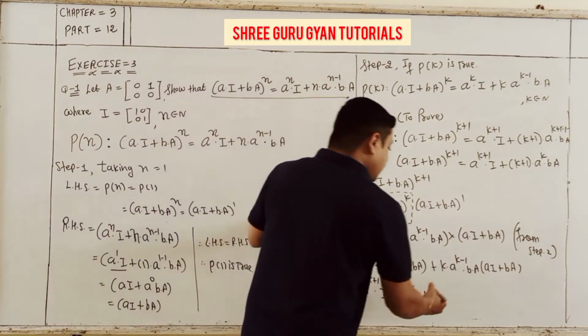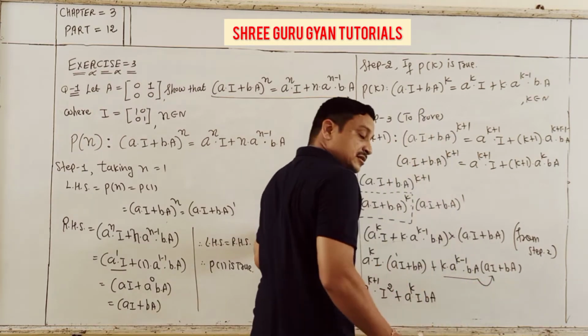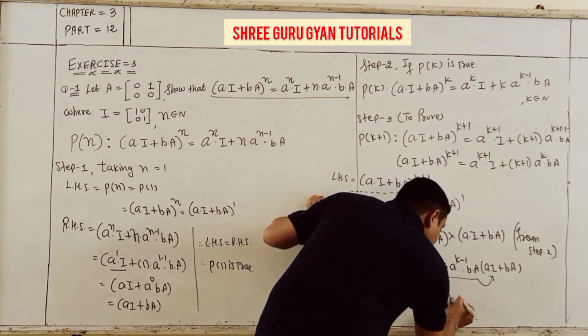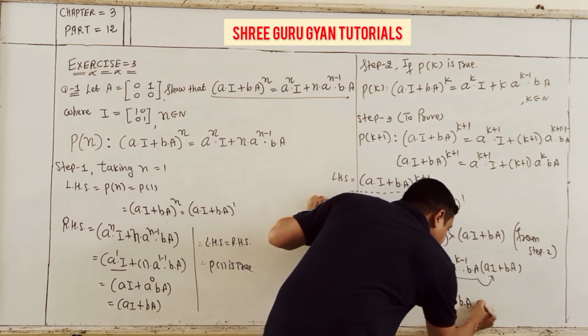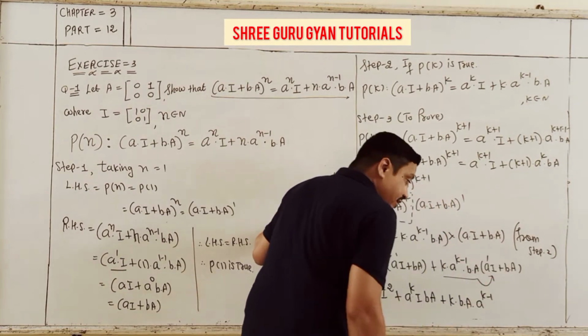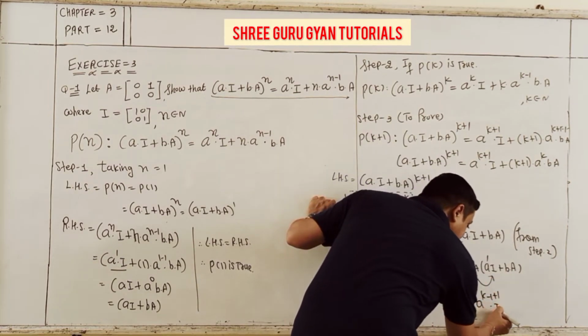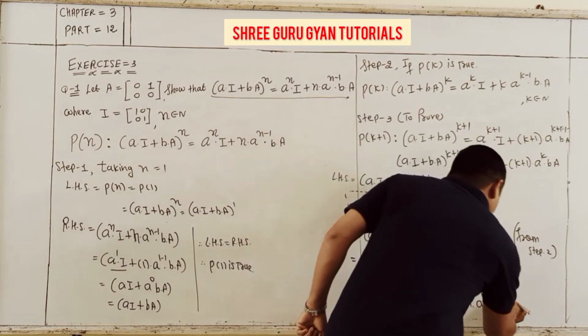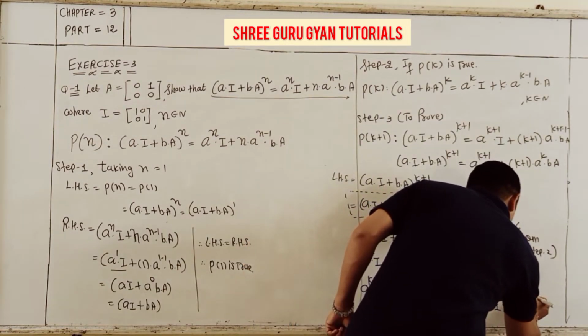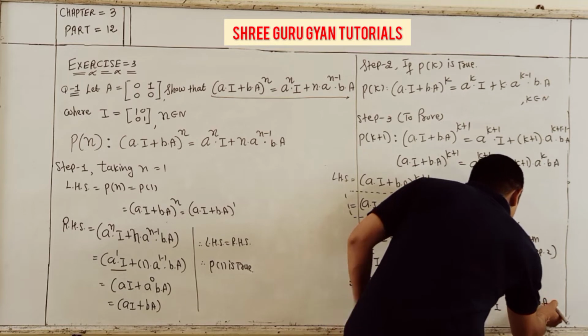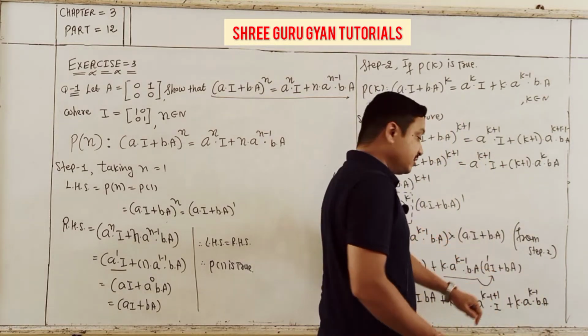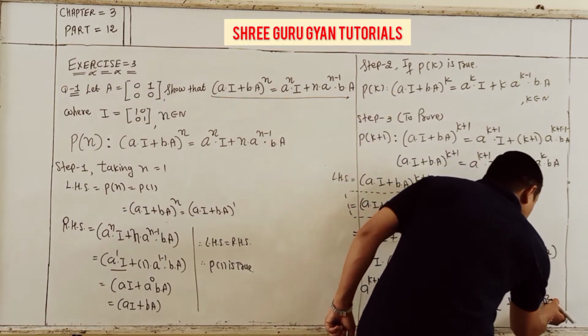Next, this term multiplied with that: k bA with a^(k-1), the power adds 1, into I, and the last term k a^(k-1) bA with bA, which means b squared A squared.